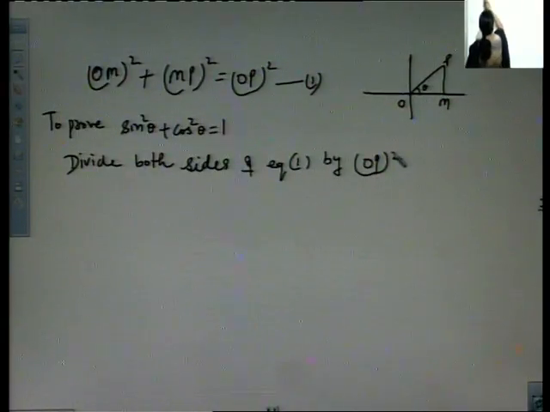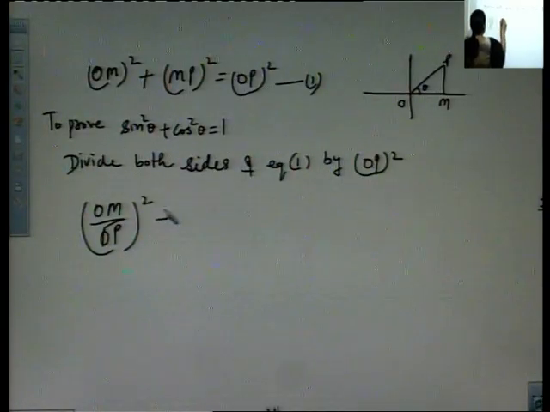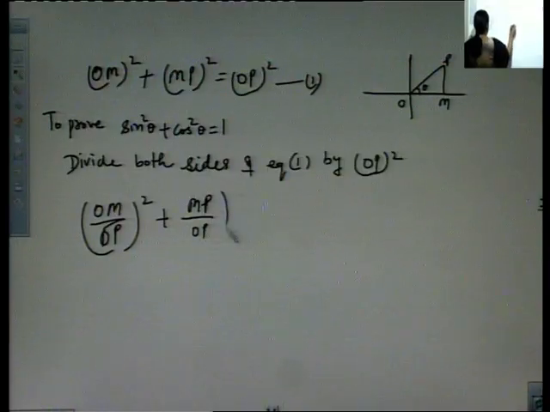What will be: OM upon OP whole square plus MP upon OP whole square is equal to 1.